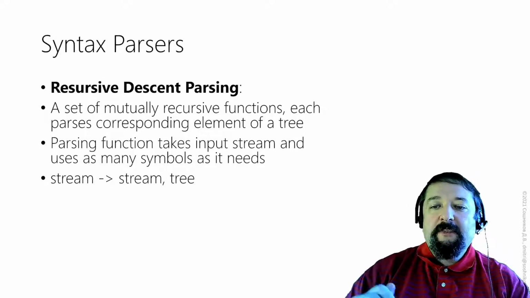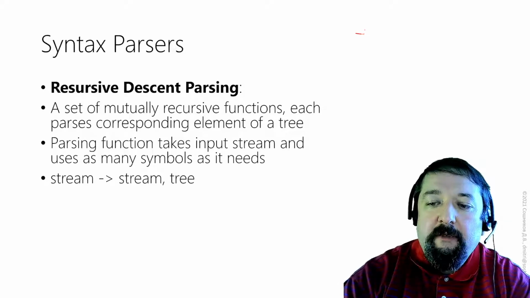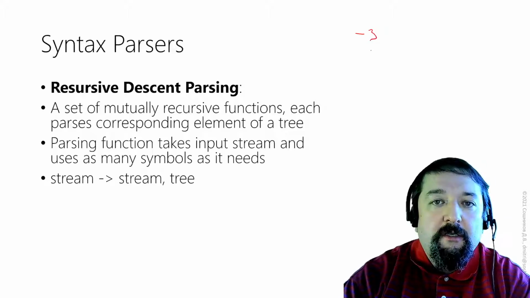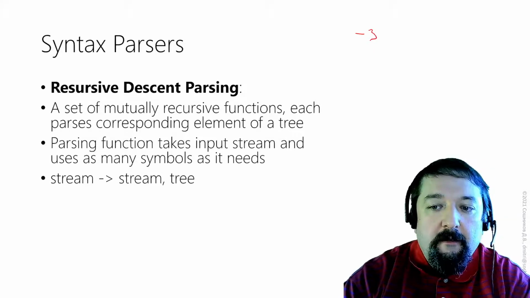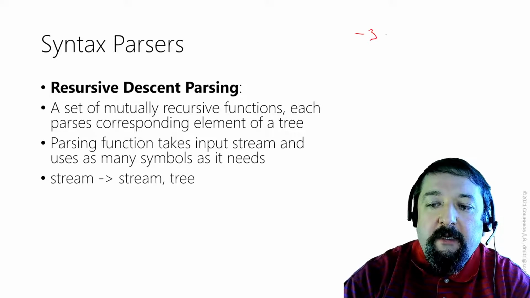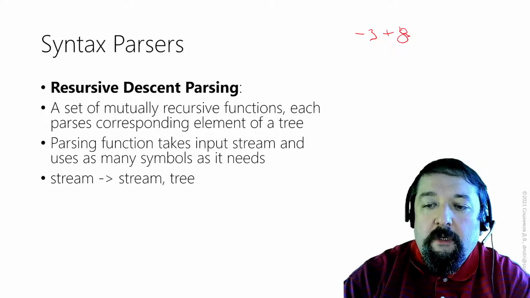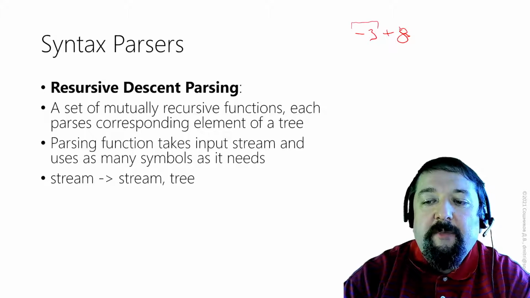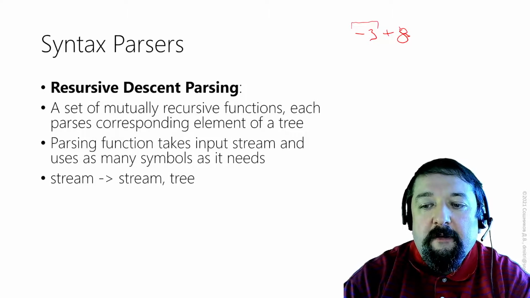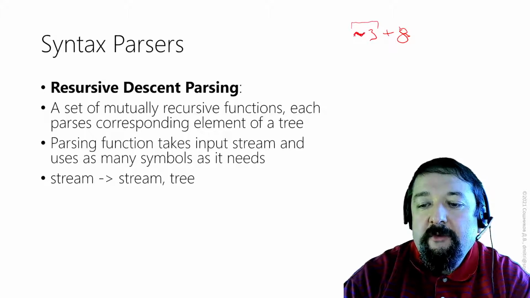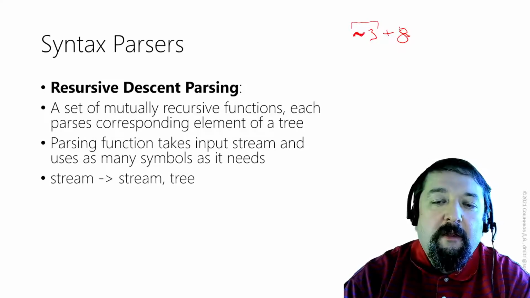So for example, if we have in the tree the negation, which should understand -3, and suppose I want to parse something like -3 plus 8. And for simplicity, let me represent unary minus by a different symbol.